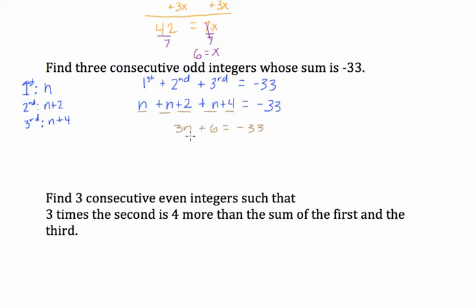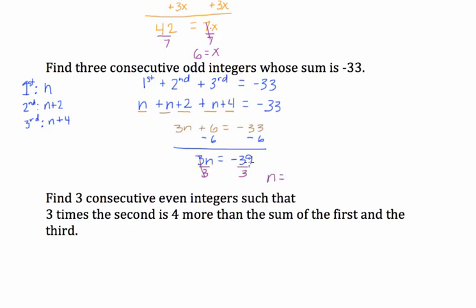Now let's just solve for n. Undo what's been done to the n. Minus 6 from both sides. Divide by 3 on both sides.